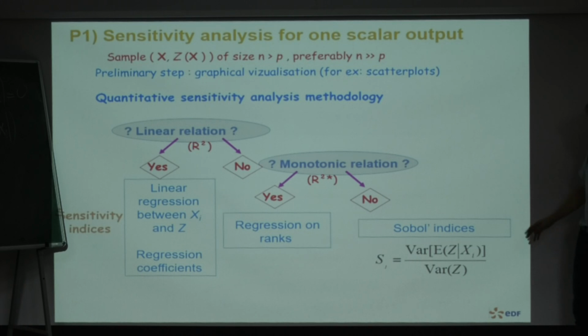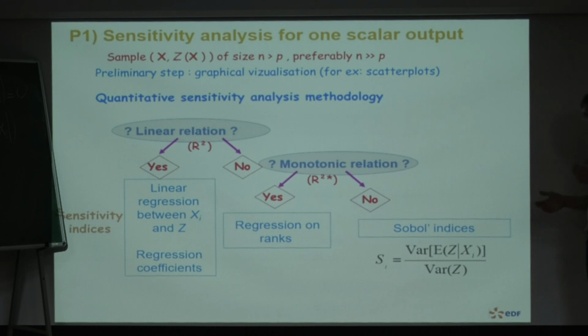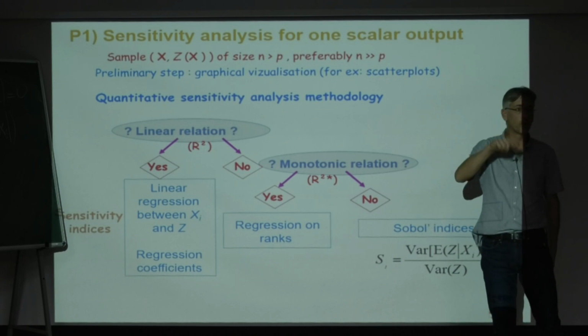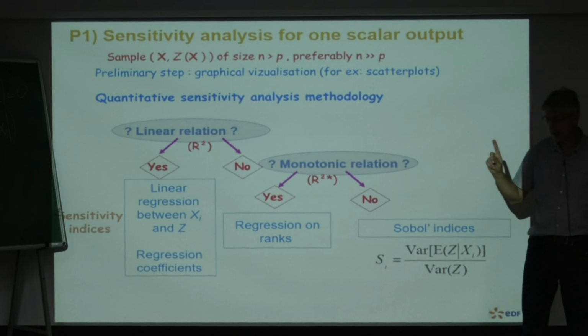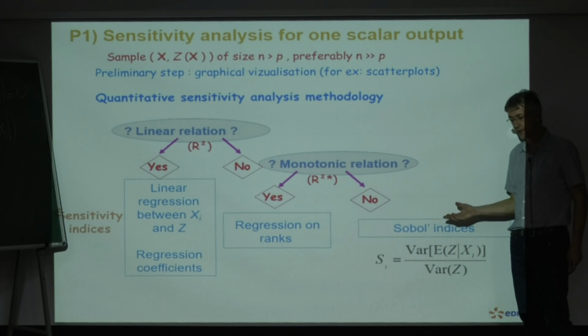Sobol indices are also known as correlation ratio. In fact, there are some older definitions of this, but it has been renewed by Sobol. It's the same Sobol as in the Sobol sequence. He is a Russian, born in 1920.